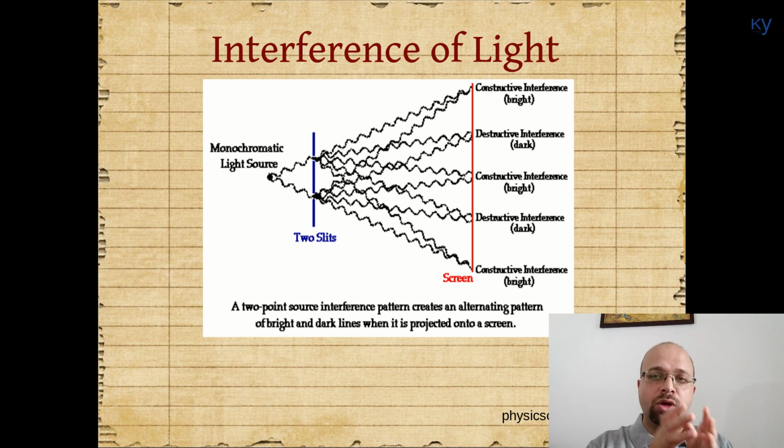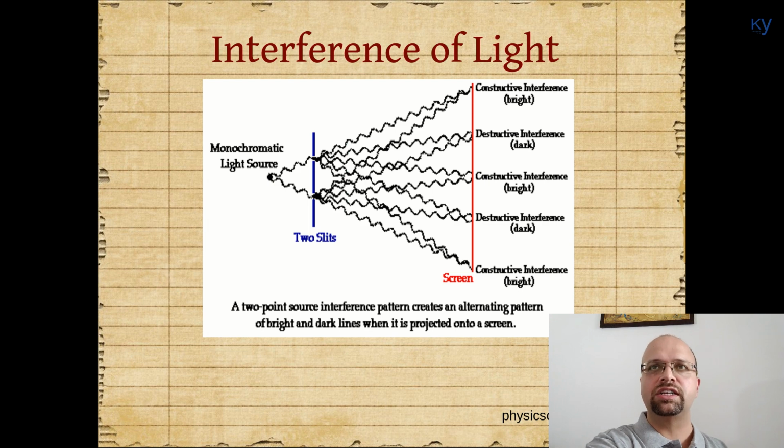Next, light, because of its wave nature, exhibits something known as interference. What we are doing here is taking a monochromatic source of light, which means a light source emitting light of exactly one wavelength, and converting it into two sources.